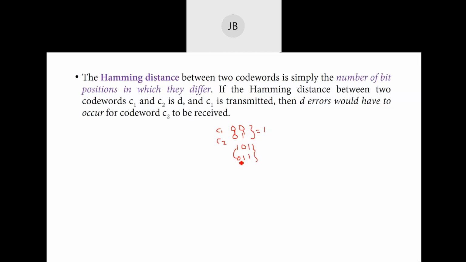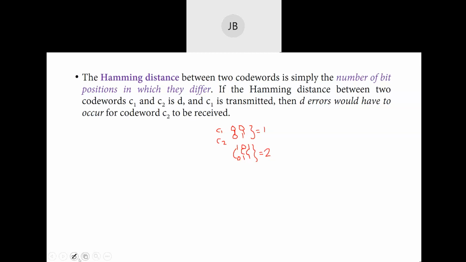So there is a change here. So 1 change. Next, 0 and 1, they are not same. So there is another change here. 1 and 1, there is no change because this is 1, this is also 1. So altogether there are two differences between these two code words. So the Hamming distance is 2.